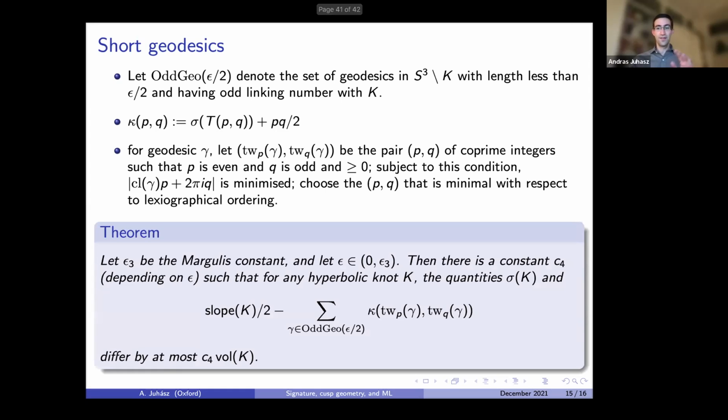And so here is the refined theorem, which says if epsilon 3 is the Margulis constant, which shows up in the thick-thin decomposition of hyperbolic manifolds, and epsilon is a positive constant which is less than epsilon 3, then there is some constant C4 which depends on this epsilon, such that for any hyperbolic knot K, signature and slope over 2 minus the sum over these odd geodesics of length less than epsilon over 2 of kappa of these twisting parameters differ by at most a constant times the volume.